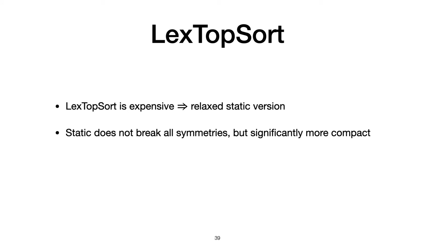Topsort is quite effective in terms of symmetry breaking. However, the predicate encoding is quite expensive. Hence, we provide a relaxed static version. The static version does not break all symmetries, but is significantly more compact.